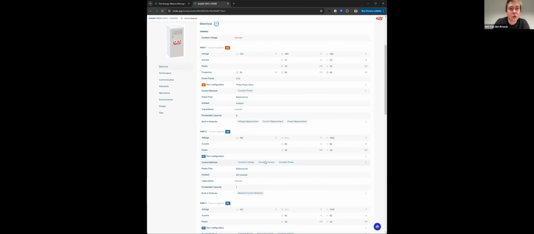Port 1 has voltage, current, and power measurements, so those are measurements you can retrieve in your controller and use to display or for other purposes. And I would say these control methods we talked about: does the converter have the control methods? Just to find out presently if a converter has these control methods, or the paralleling capacity, or built-in features, that's a monumental job today.